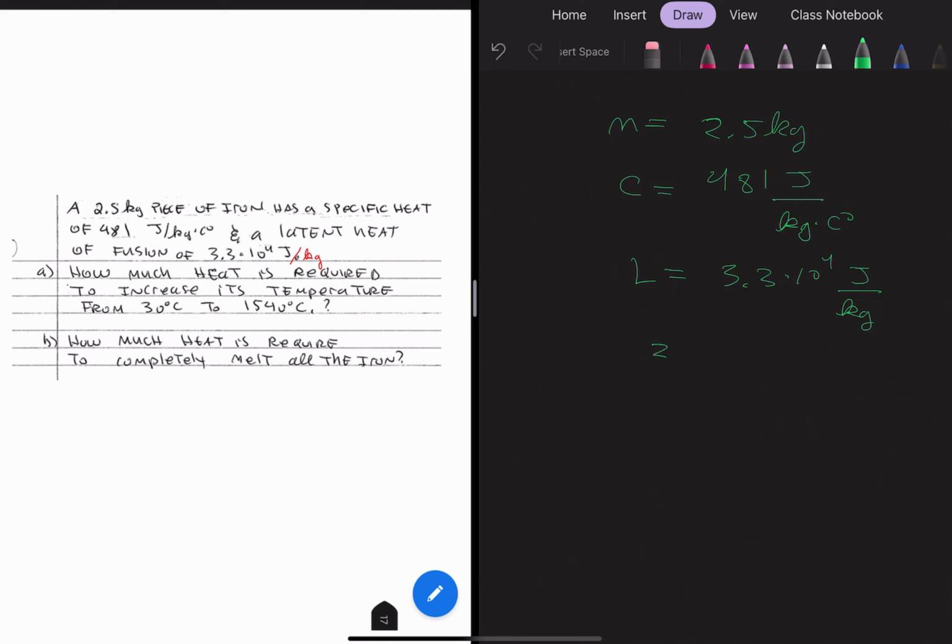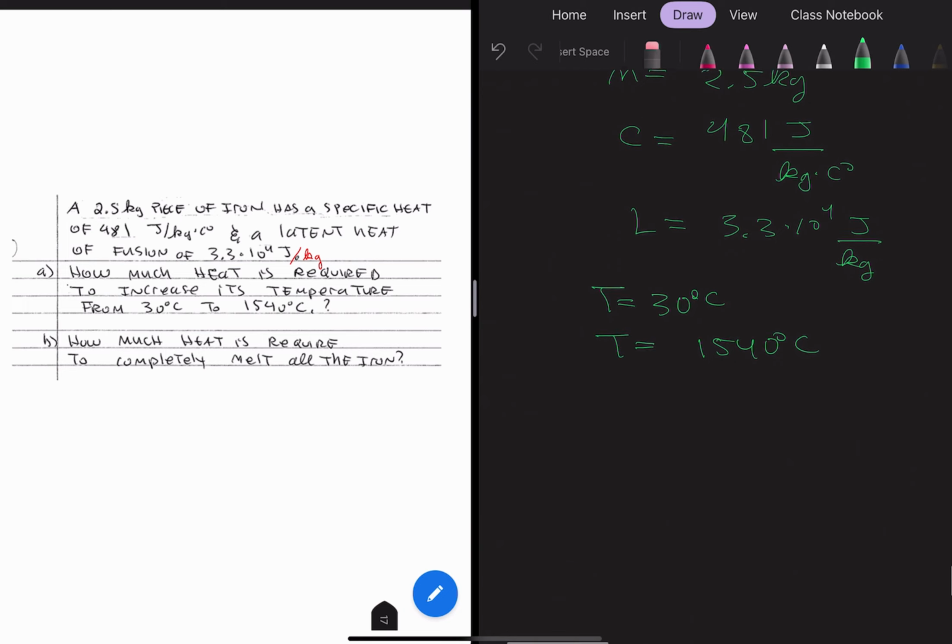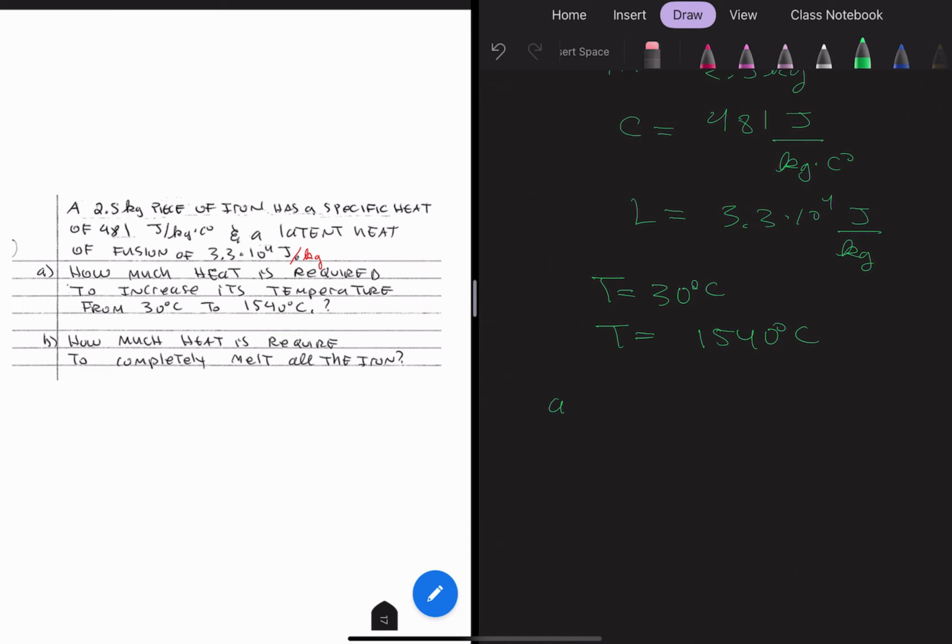And you have 30 degrees Celsius, that's the temperature. And you have 1540 degrees Celsius, that's another temperature. And we want to find a heat Q for part A. And for part B, we want to find another heat again.